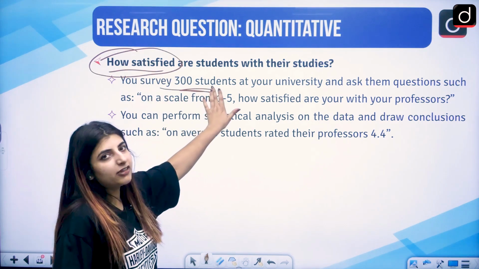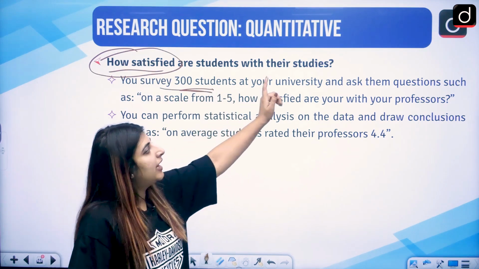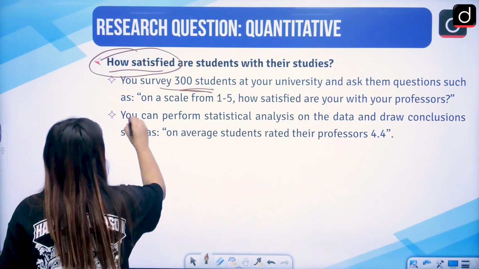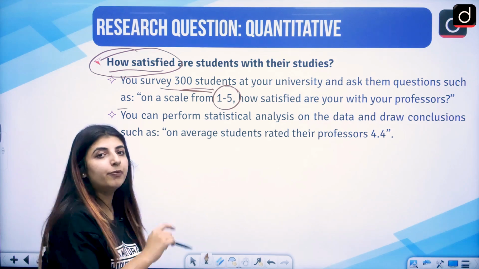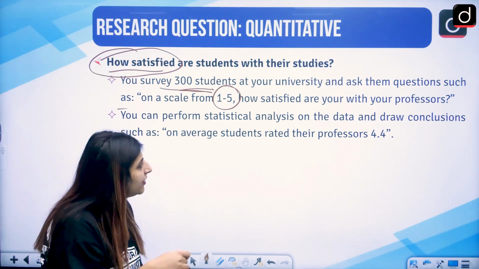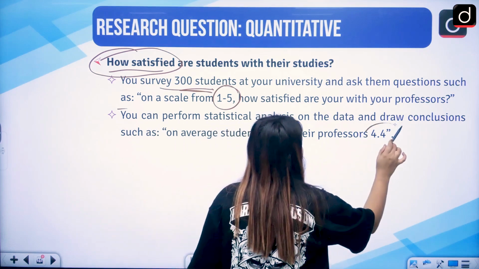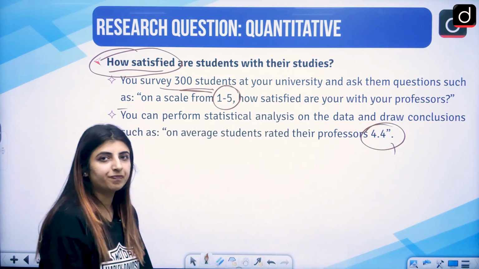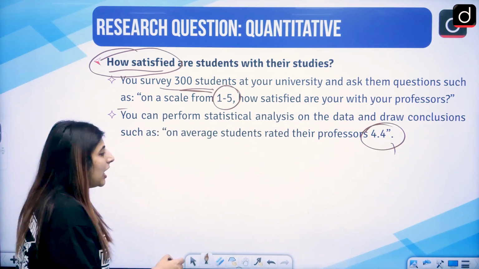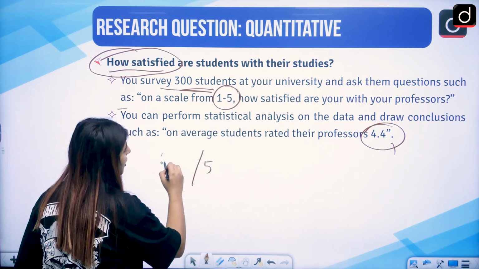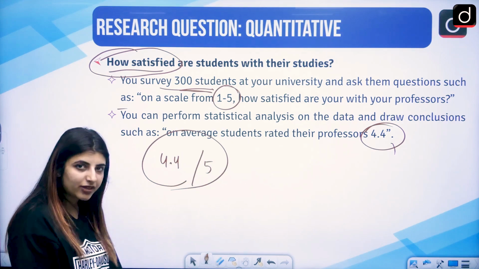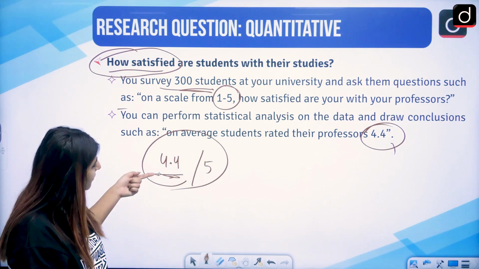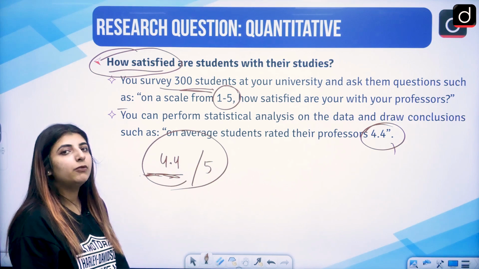So there are 300 students in your university and you ask them questions such as, on a scale of 1 to 5, how satisfied are you with your professors? And the average that they come up with is 4.4. That is, out of 5, they are 4.4, or whatever the scale was measuring, satisfied with their professors.